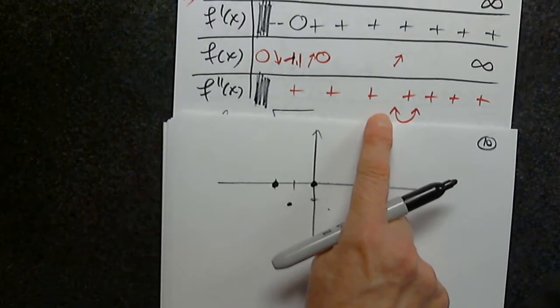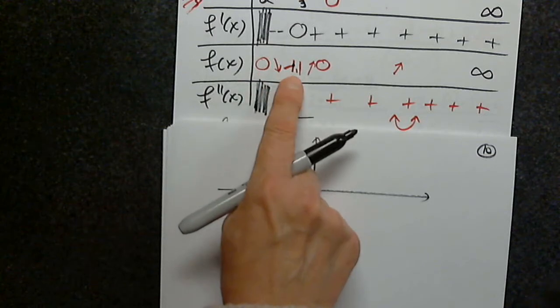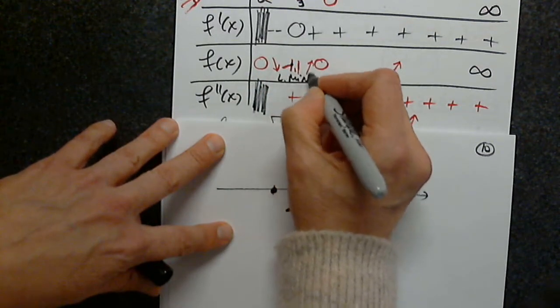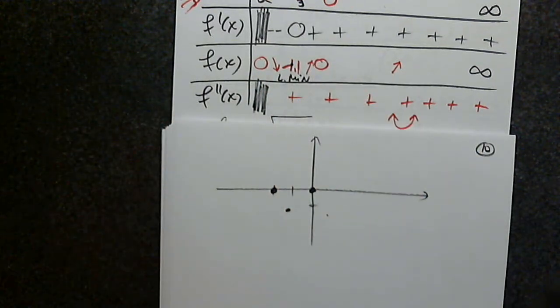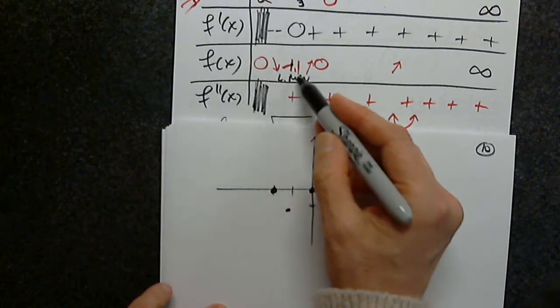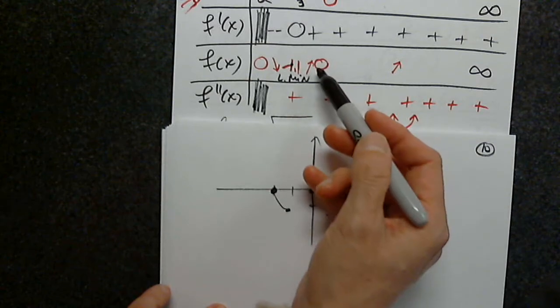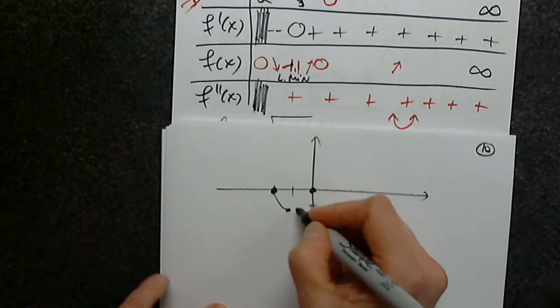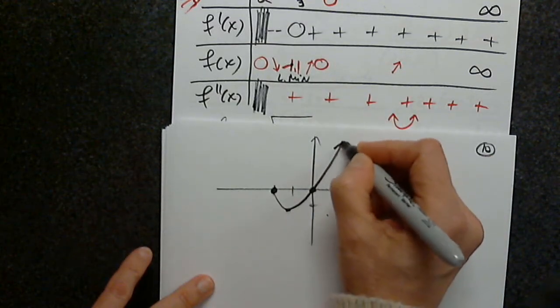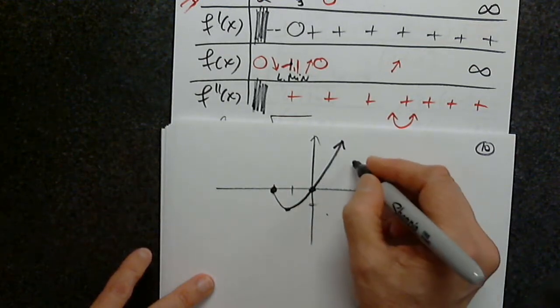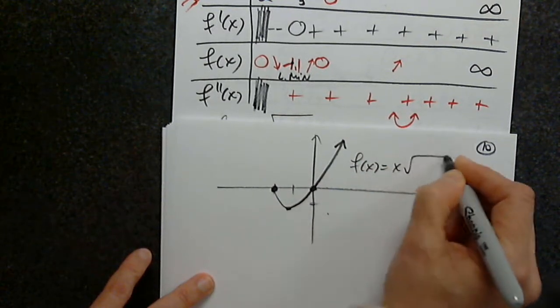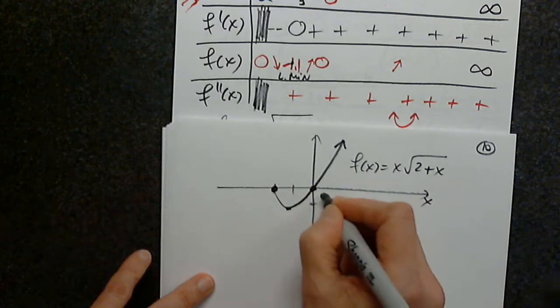It always opens up, decreasing. This is a local min. It also happens to be a global min. So it comes from this point, opening upward, decreasing, and continues to increase all the way, opening up. So this is a graph of f of x, x times the square root of 2 plus x.